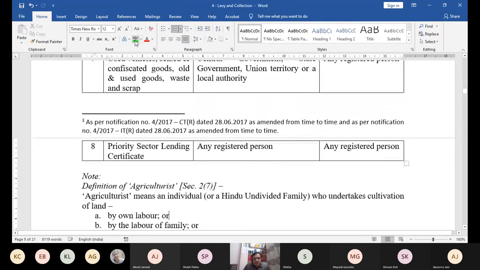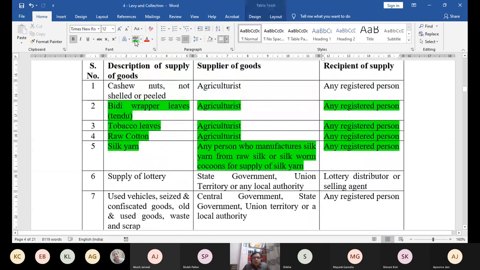That's it. Only you have to do these four. Please tell me whether you want to note it down or shall I proceed. But these four you should learn by name. These four examples, where the supply of goods is covered under reverse charge basis.